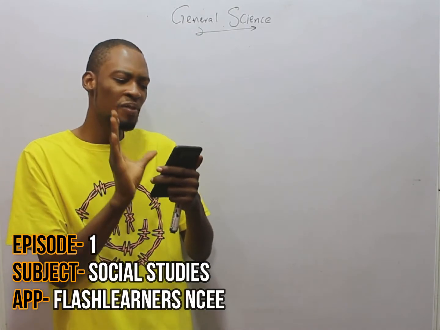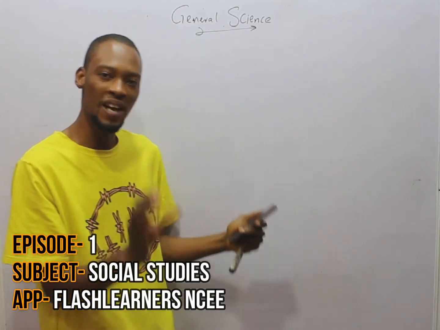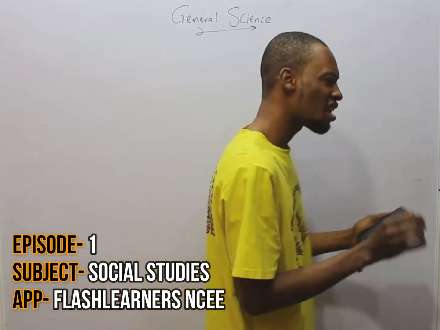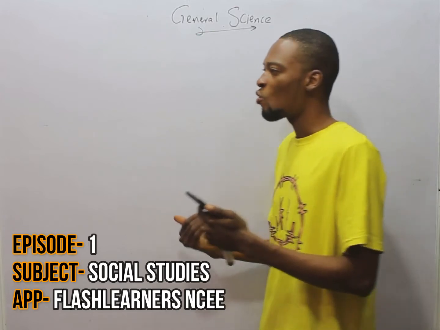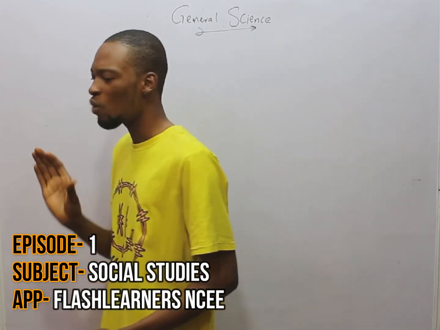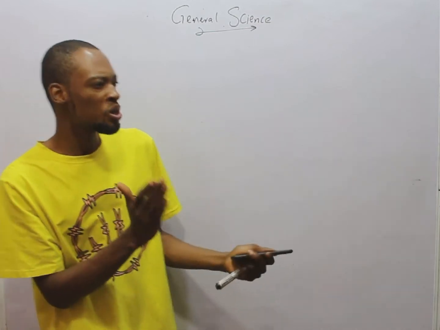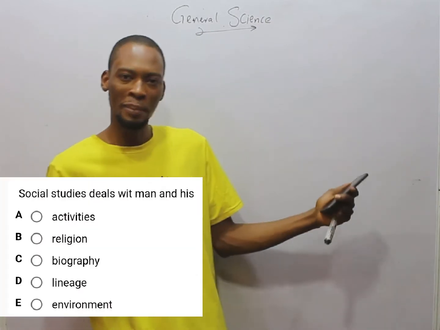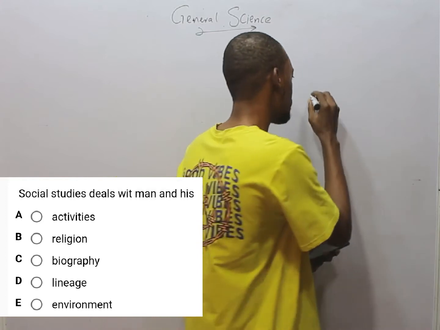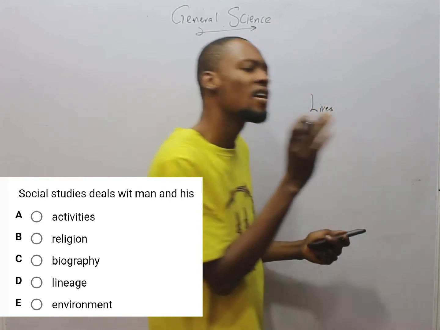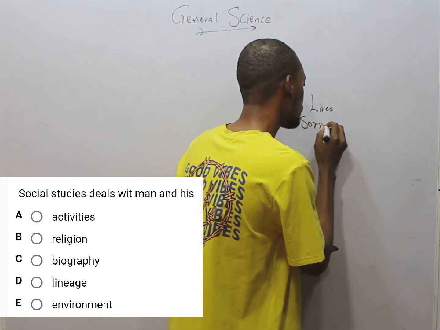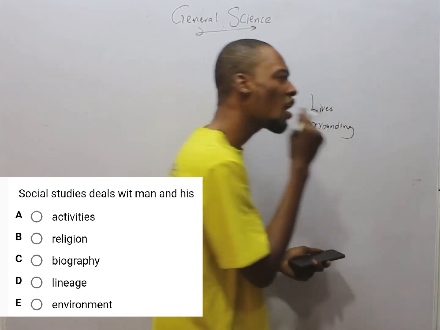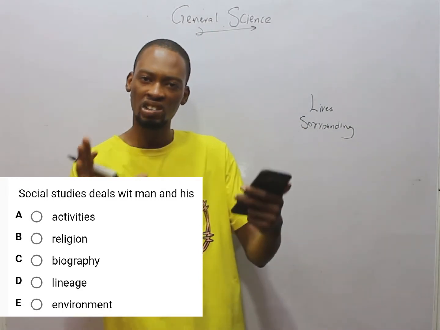The first question says, Social Studies deals with man and his dash. When you are studying social studies, one thing you should know is that social studies try to study man and where man lives, or man's surrounding, or everything around man.